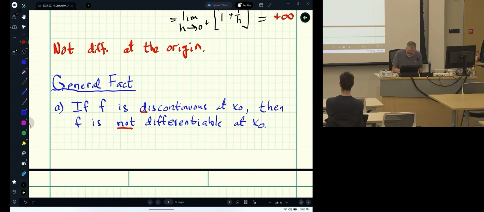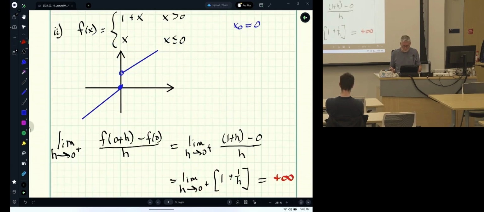So discontinuous gives us not differentiable. So that's this picture. Okay?